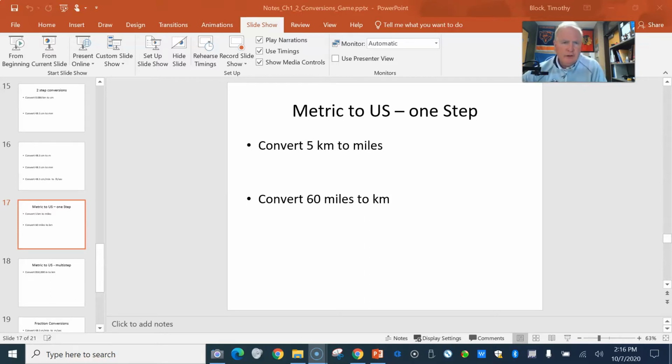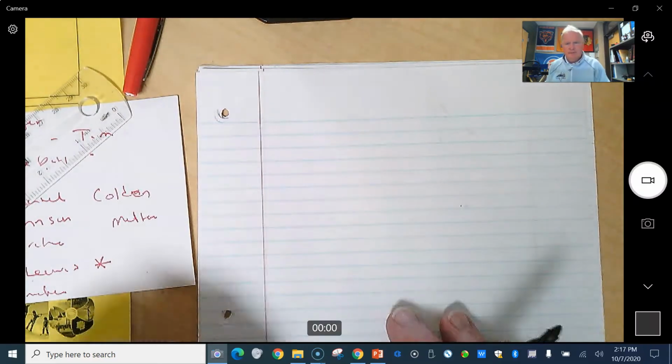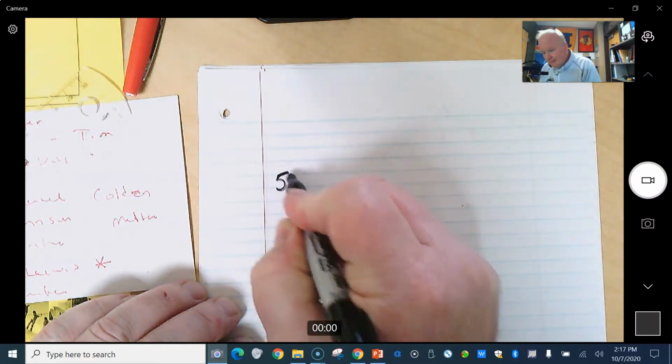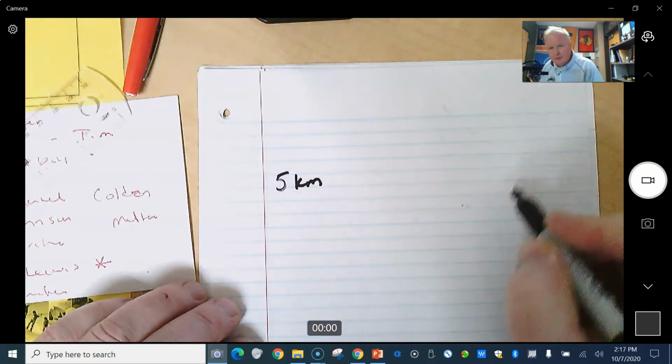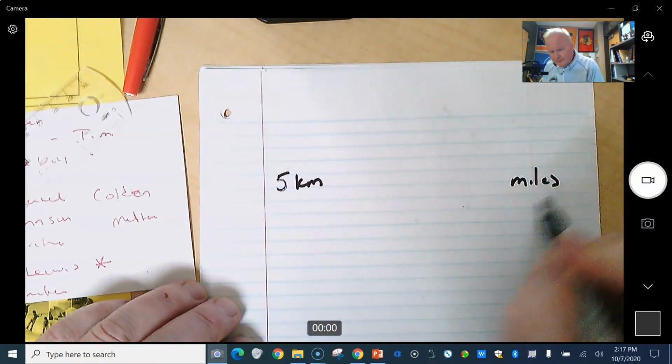So the great thing about conversions is that once we know how to make a conversion factor, it is the same throughout. And so in this instance right now, you see that they're going to be asking us to move from kilometers to miles. So they want 5 kilometers to miles. So if I turn on the DocCam and I write that problem out, 5 kilometers, and they want it in miles.